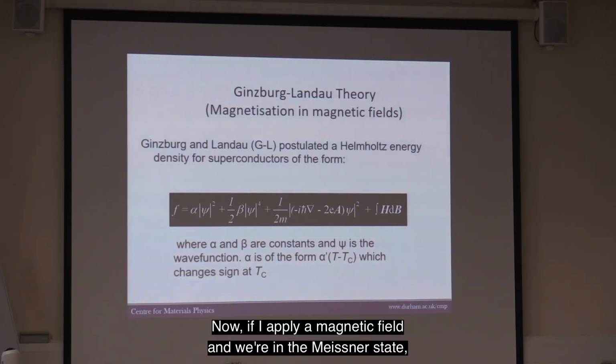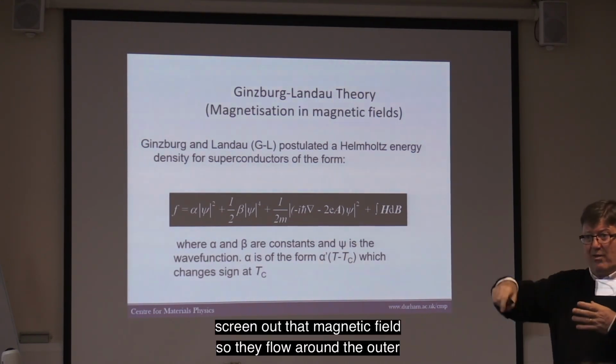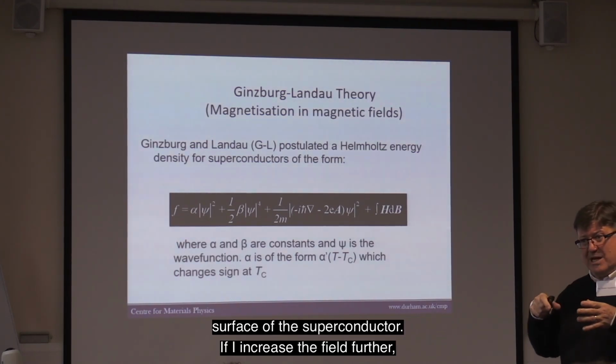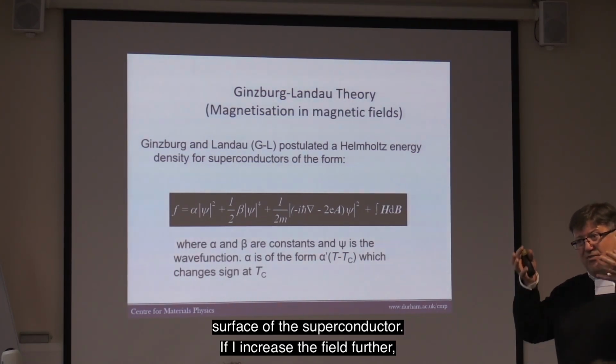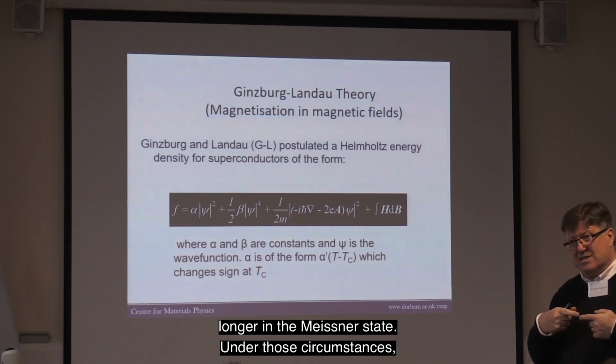Now, if I apply a magnetic field, and we're in the Meissner state, the superelectrons, in a way that quantum mechanics requires, screen out that magnetic field, so they flow around the outer surface of the superconductor. If I increase the field further, the field gets into the superconductor because we're no longer in the Meissner state.